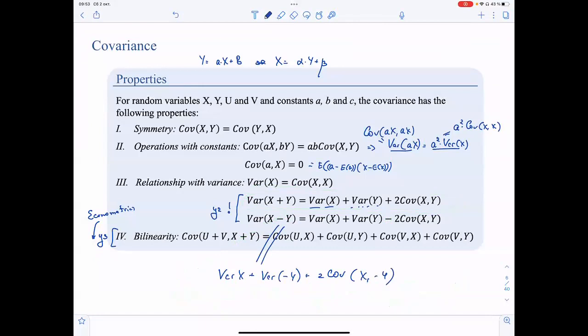And if you have a constant, it moves outside of the variance being squared, and the minus goes outside of the covariance without any trouble. So these are two highly important properties.